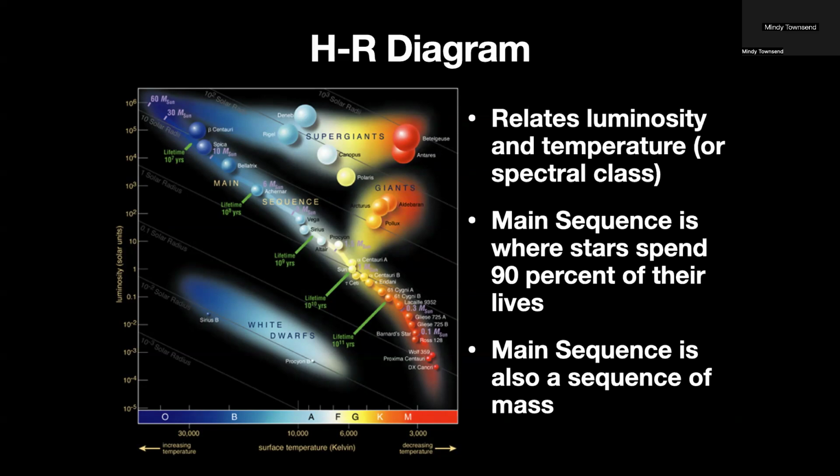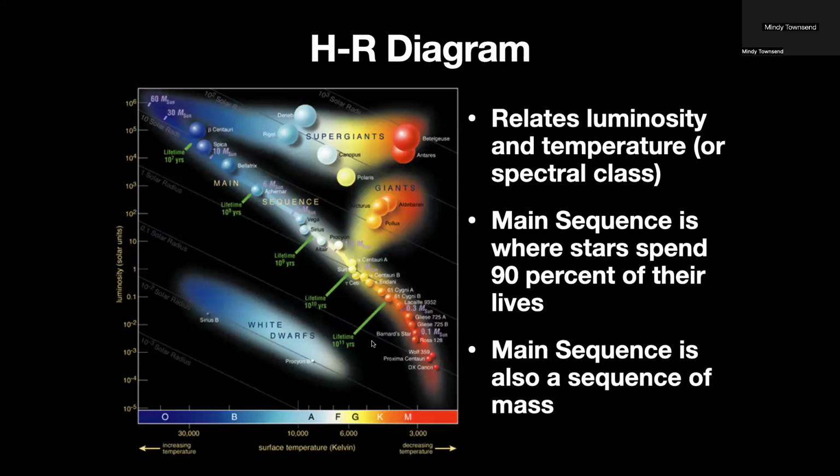Luminosity can also be related to temperature and spectral class through the HR diagram. So you will do an HR diagram activity more to get acquainted with it. But you can see if we plot many stars on a plot of luminosity on the vertical axis here and temperature and spectral class on the bottom, there are many distinct features, right?